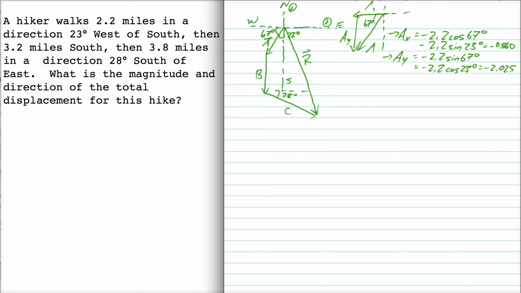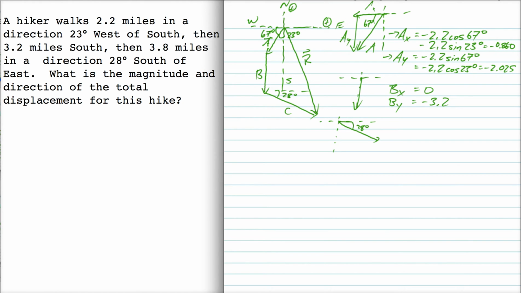Alright, vector B should be easy. Vector B points due south, like that. So Bx is 0, and By is minus 3.2. Easy enough. And then vector C points down like this, makes an angle of 28 degrees.